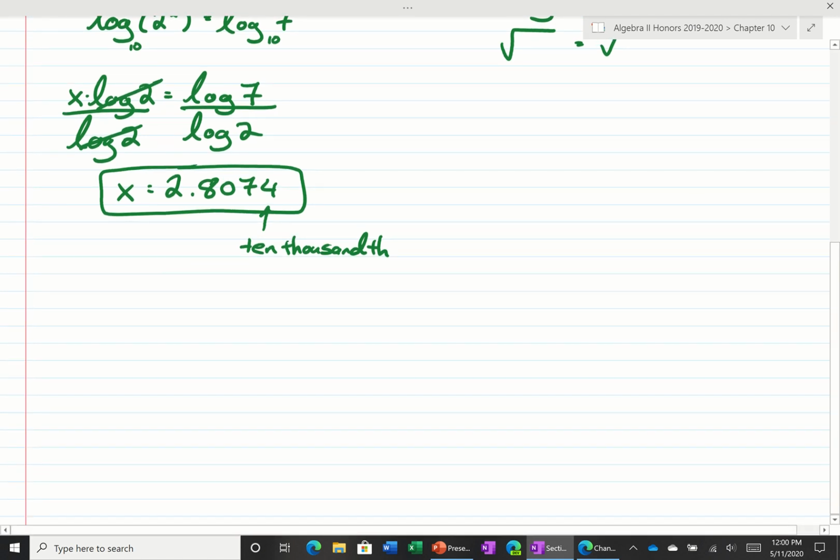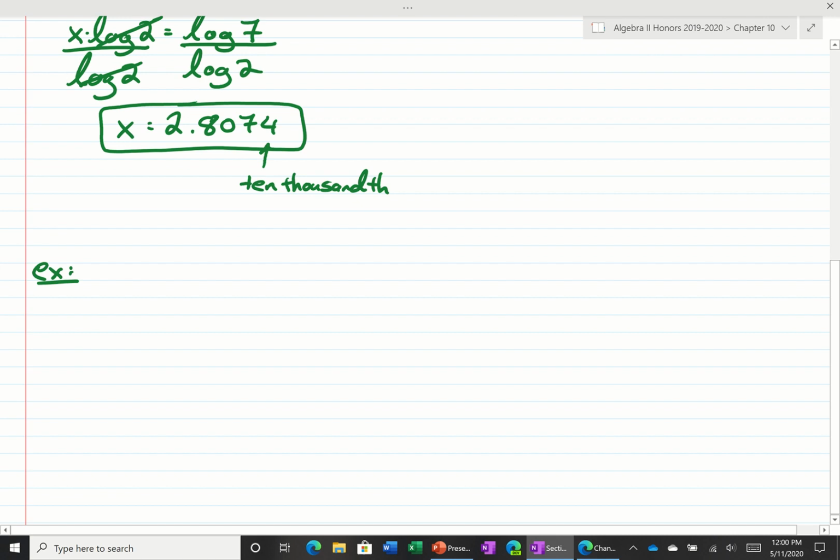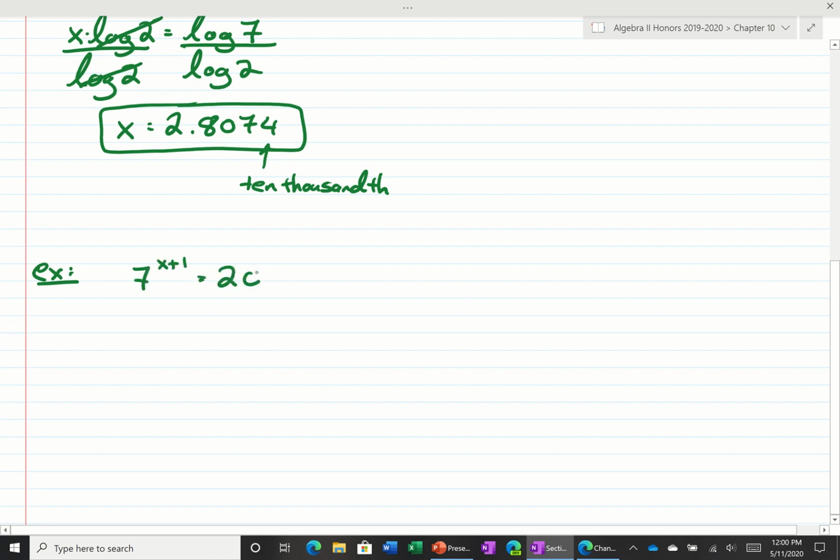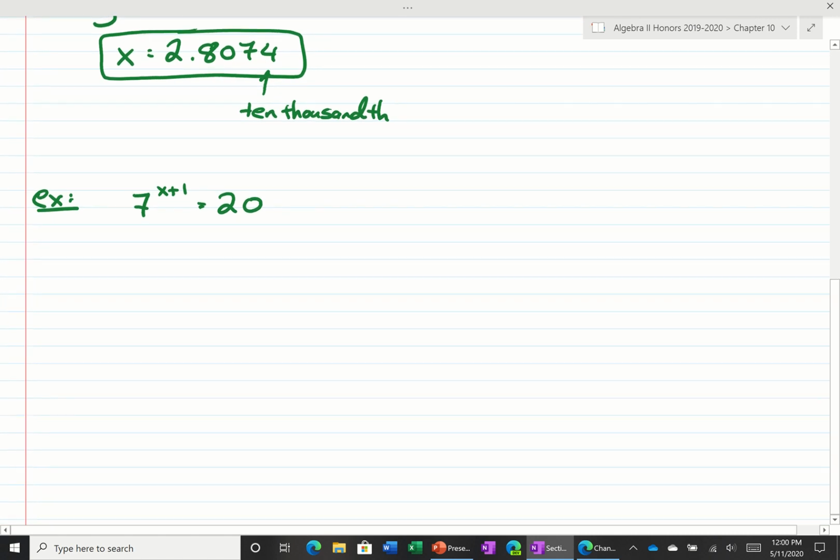All right, so let's try another problem. What if we had another problem that looked like this? 7 to the x plus 1 power is equal to 20. Well, we see it's an exponential equation, so we could take the log base 10 of both sides. By doing that, we could use the power property now, and remember it's x plus 1 times the log of 7.